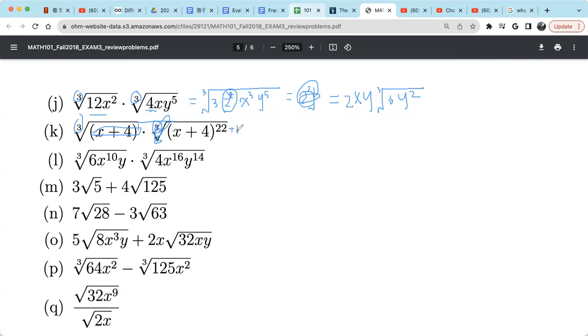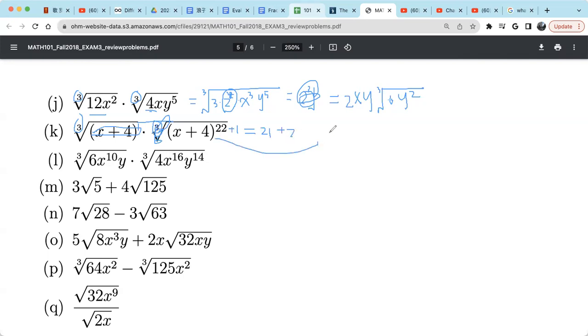But usually we want to simplify it, right? 23 cannot be divided by 3 evenly. So we want to break into 21 plus 2. Because 21 divided by 3, that's a 7. So what's the answer for this?